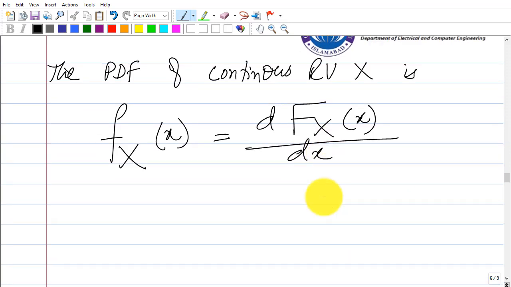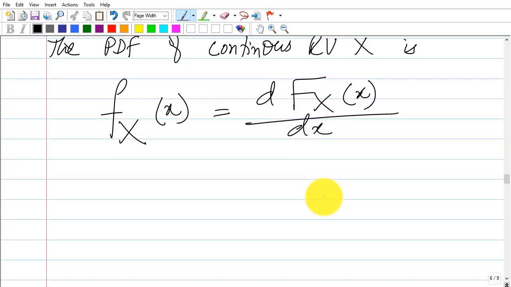So that is simply easy to find out, differentiation is a quite simple thing. So we can find the derivative of a CDF to find the probability density function for the continuous random variable. Just like for the discrete random variables we had the PMF, probability mass function, for the continuous random variables we will have the probability density function.